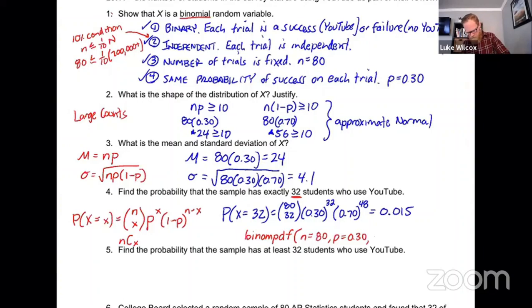And then it asks for the number of successes, which for this particular problem is 32. And sure enough, the calculator reported the same value as if we had used the formula. So your AP exam tip here is if you're going to use this calculator command as part of your work, make sure that you're identifying each one of those parameters inside the parentheses.